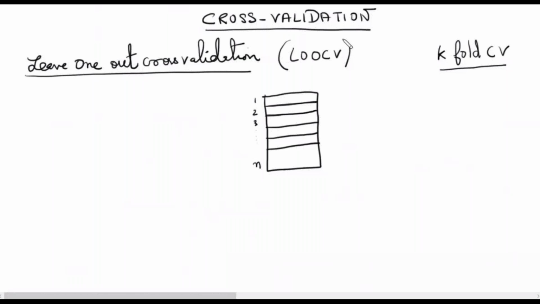They have high variance, and hence parameter tuning is mandatory for them. So cross validation is generally used for non-parametric models which have a high variance. So let us see the different methods involved in cross validation. We will talk about two methods. The first method is leave one out cross validation, or LOOCV in short, and the second method is k-fold cross validation.